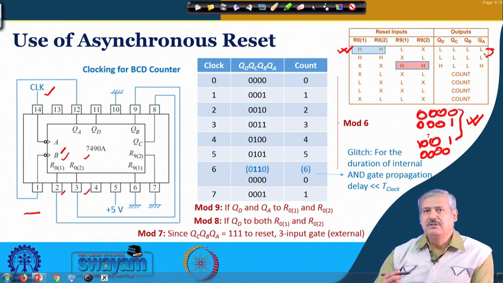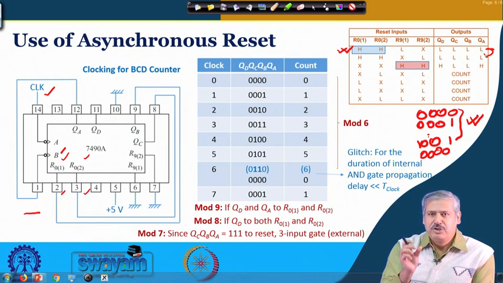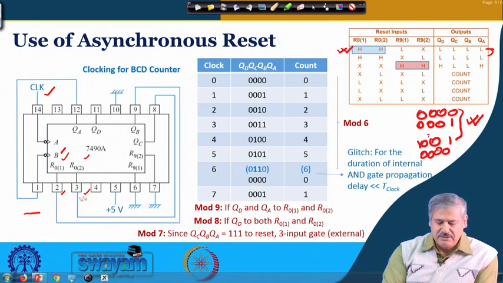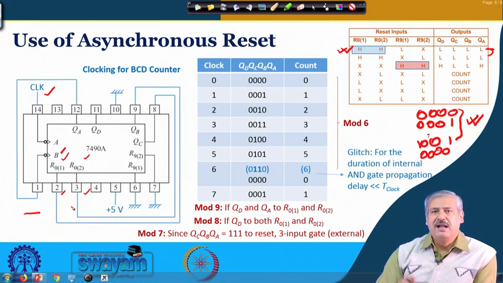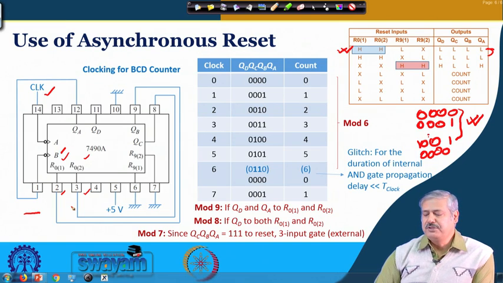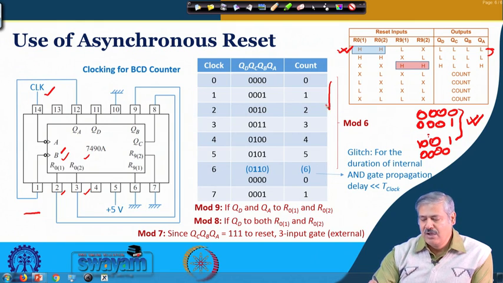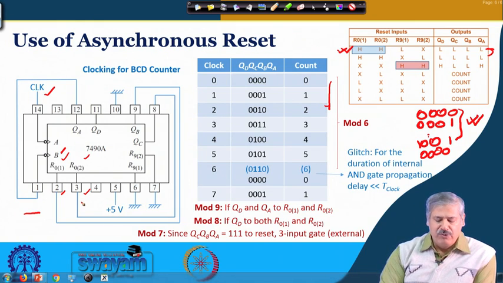So, the counter holds some number for a very short duration, and then it goes to 0000. With the count going 0000, 0001, what is the first instance when these two become 1, 1?